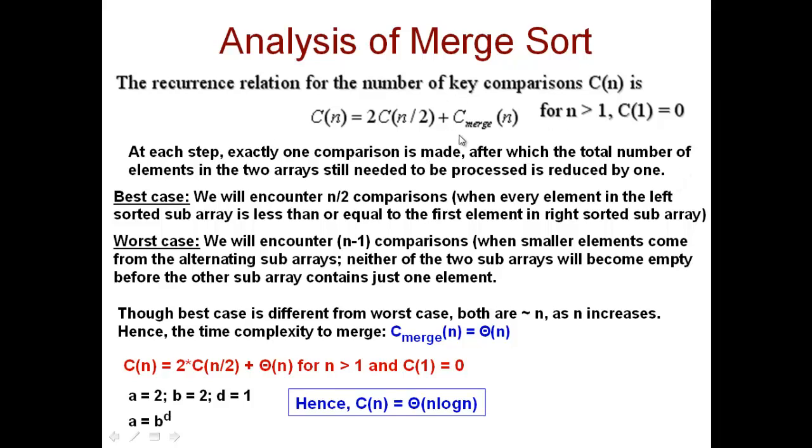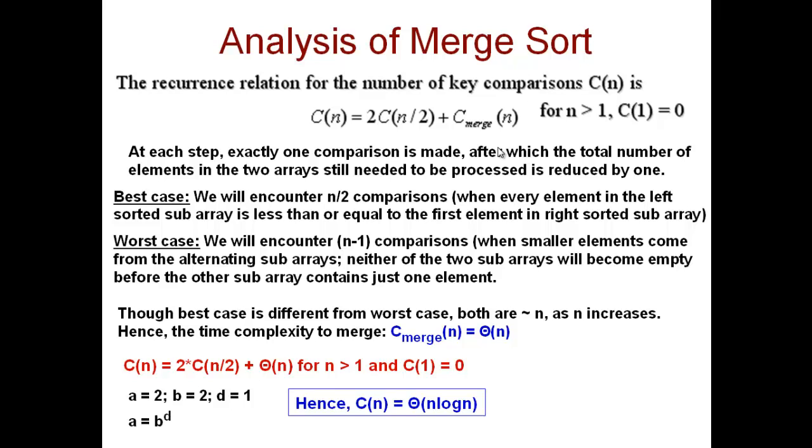What is not clear right now is the number of comparisons we have to do to merge two sorted subarrays of size n over 2 and get a sorted array of size n. We have to decide whether we do the same number of comparisons all the time or not.